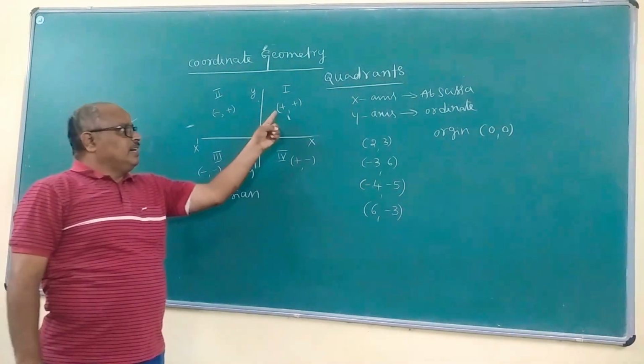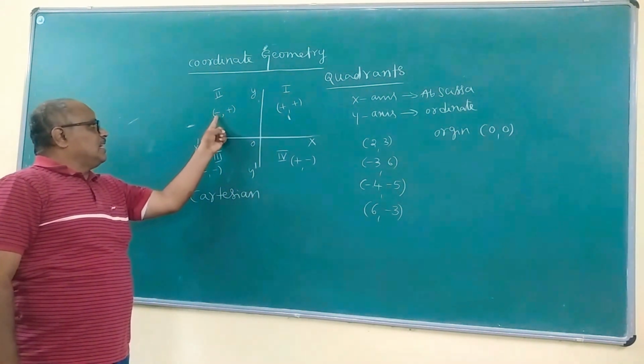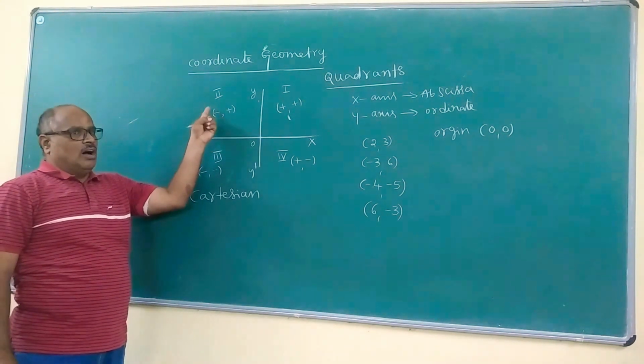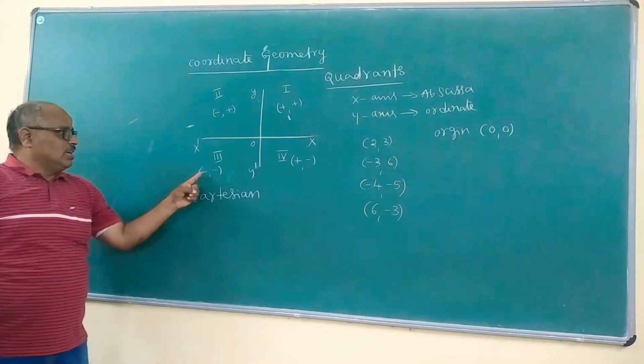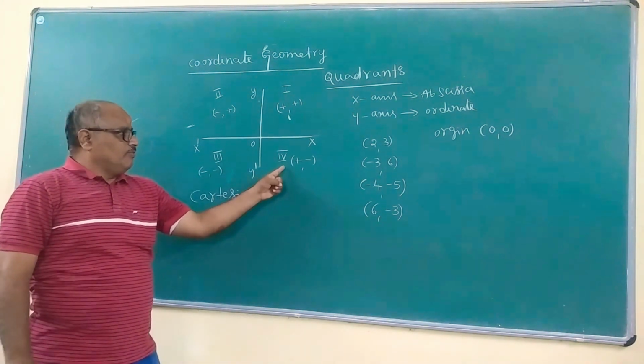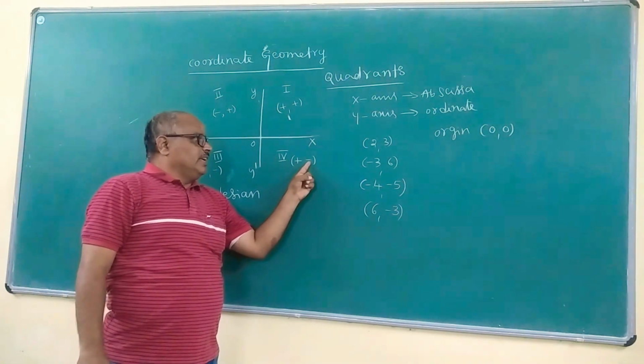In the first quadrant, both abscissa and ordinate are positive. In the second quadrant, ordinate is positive, abscissa is negative. In the third quadrant, both are negative. In the fourth quadrant, abscissa is positive, ordinate is negative.